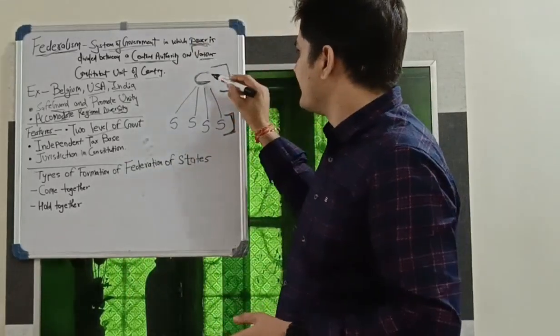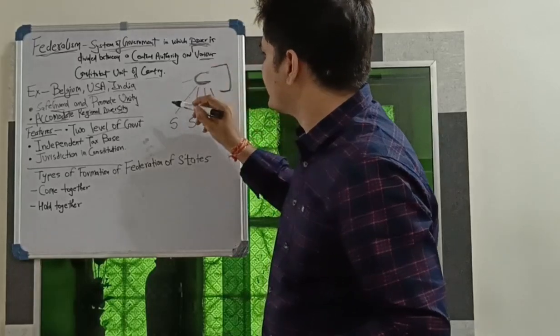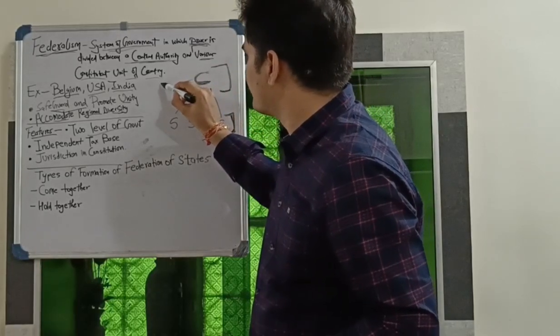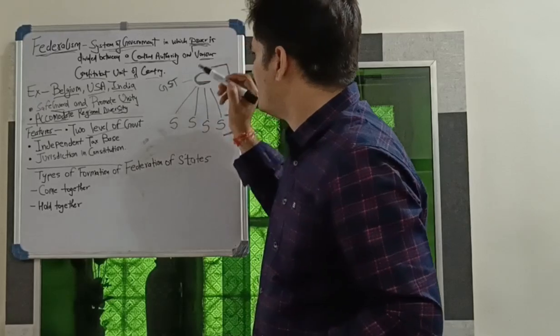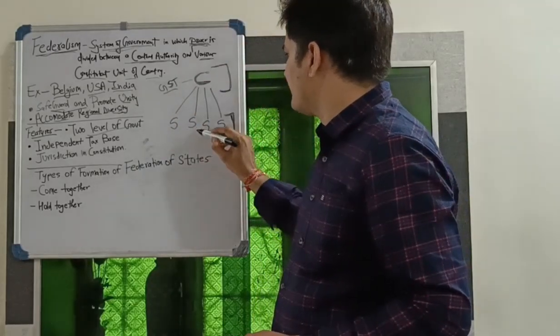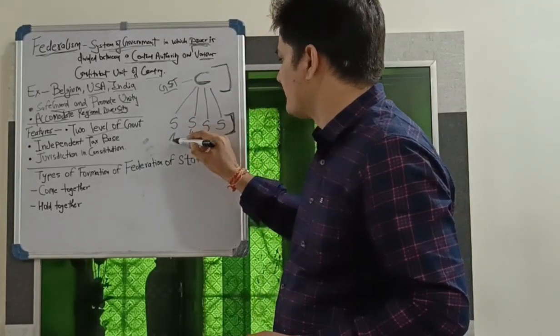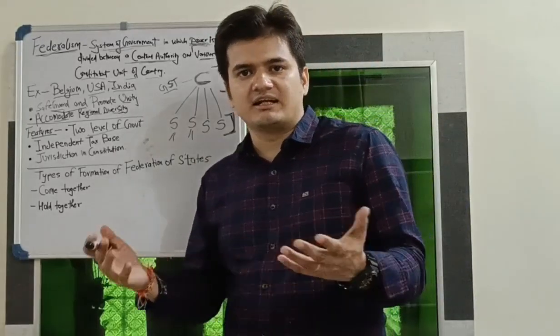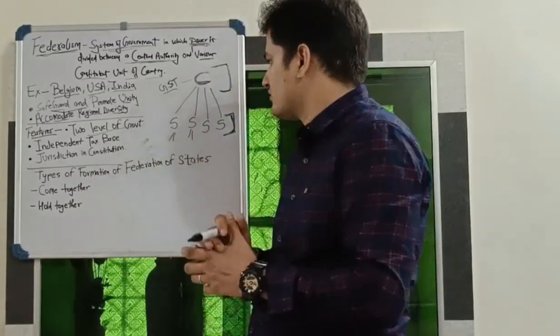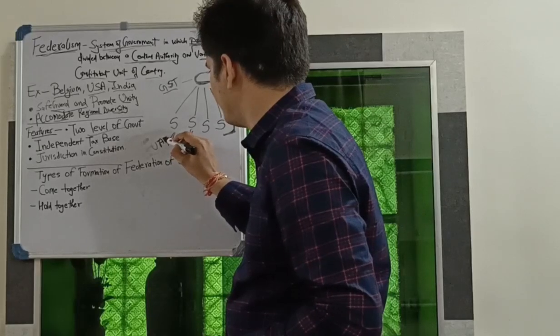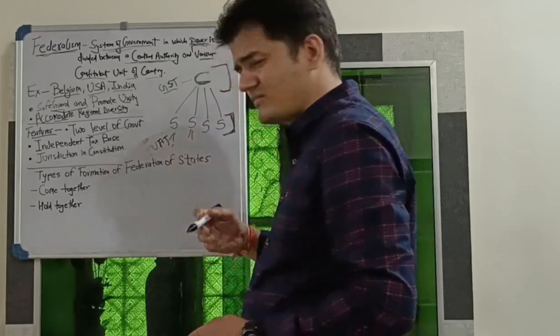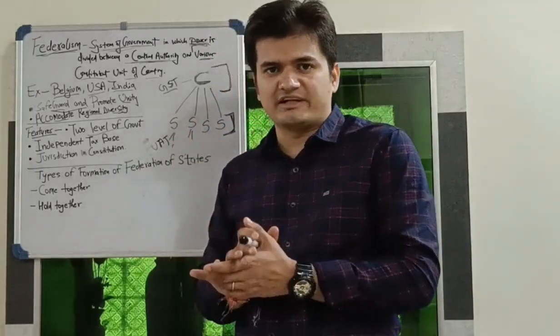That means the central government can formulate laws so that it can tax the people, like we have GST, and various state governments also can formulate laws so that they can collect taxes from the people, like we have the VAT, value added tax. So these are some examples of taxes.